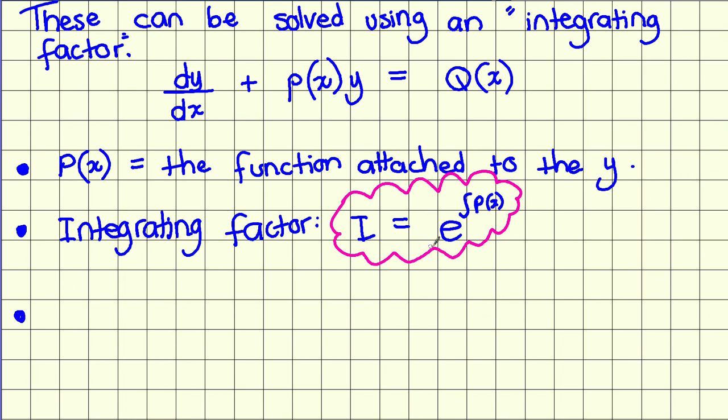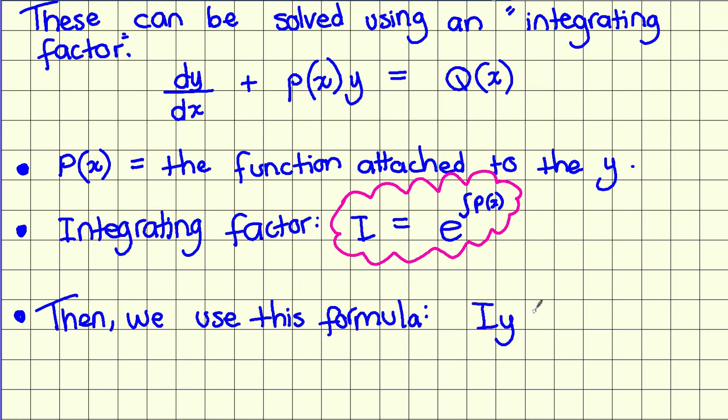Then once you've worked out your integrating factor, there's another formula that you need to remember. So then we use this formula. So it's Iy equals the integral of Iq.